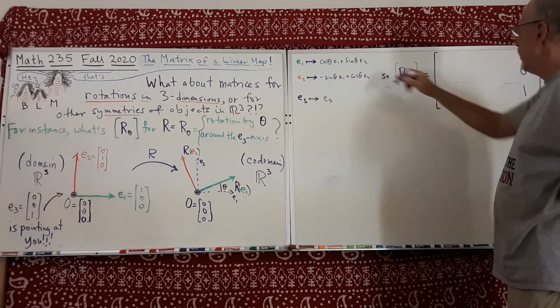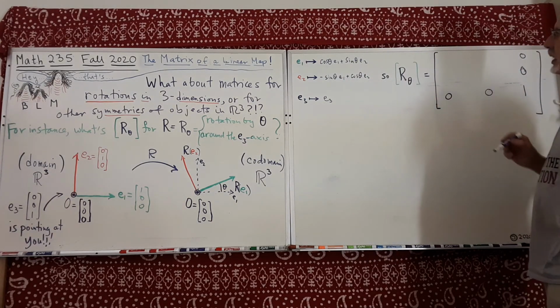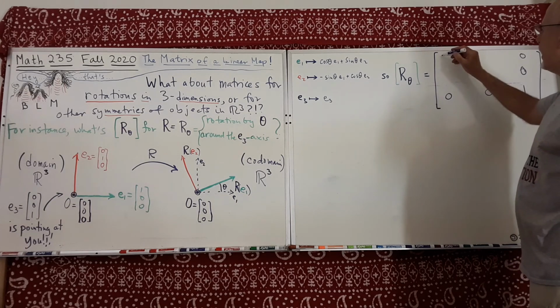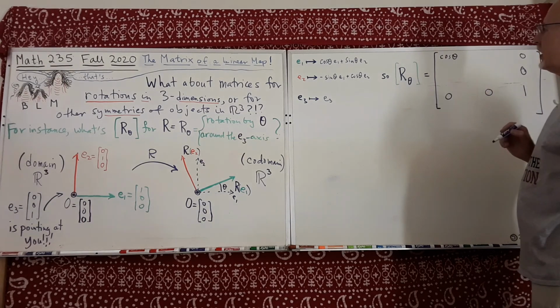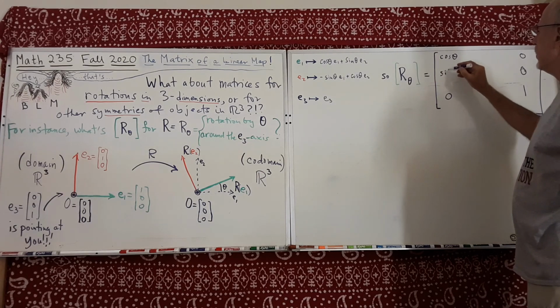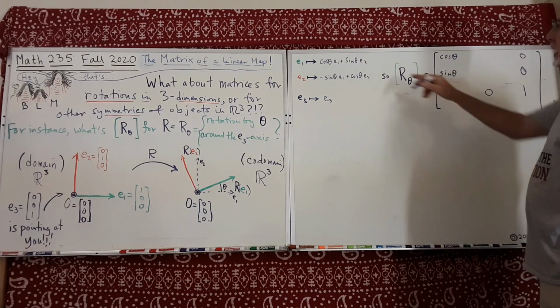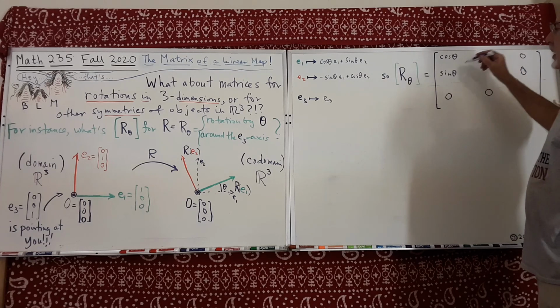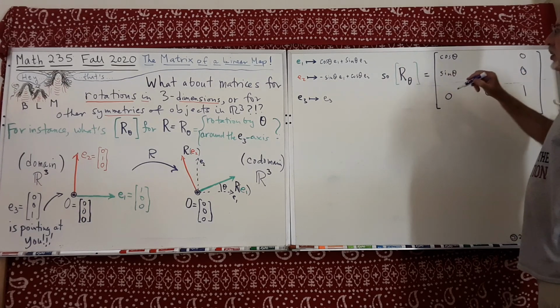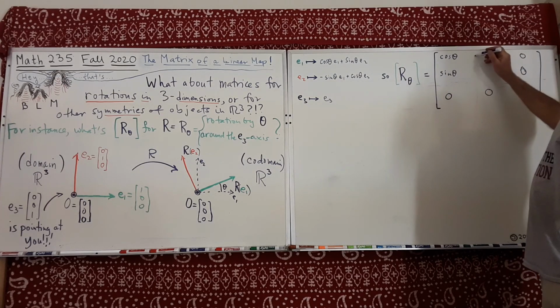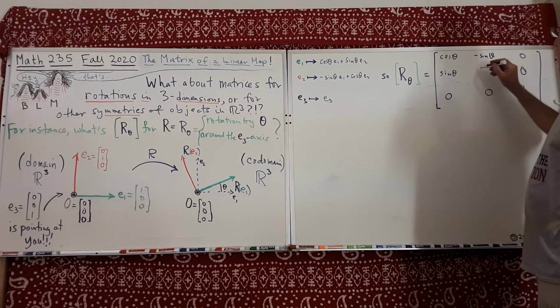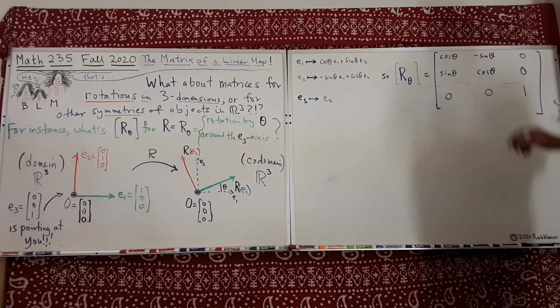Similarly, there's no E3 here, so there's going to be a 0 down there. But it's cosine theta E1. So that means I have a cosine theta there, plus sine theta E2. And similarly, E2, the second column, indicated by where E2 goes to, minus sine theta E1, that's that entry, plus cosine theta E2, 0, E3.